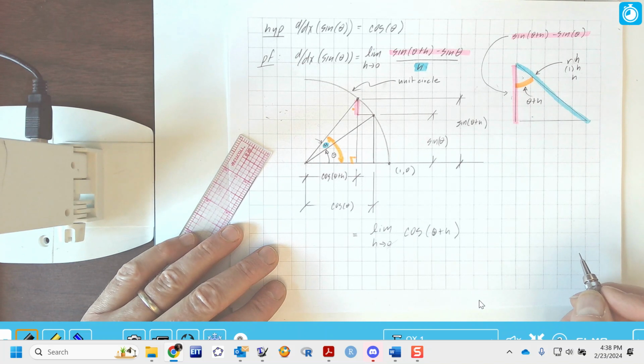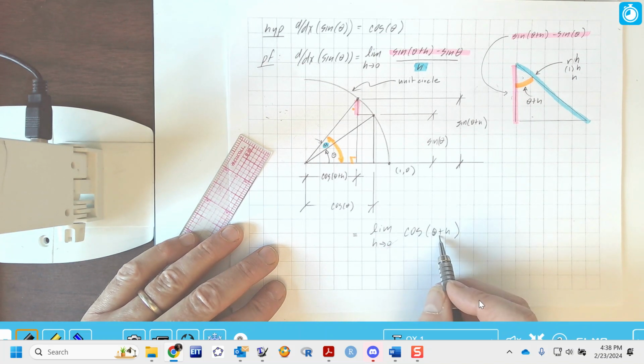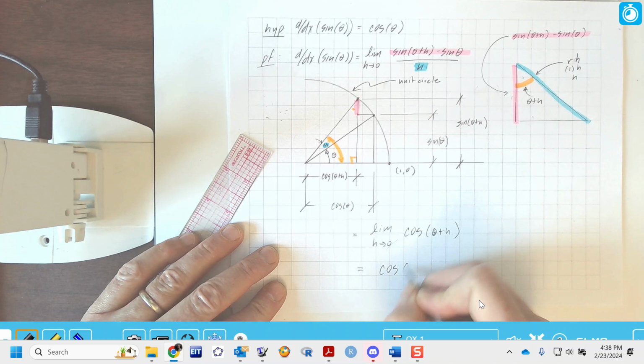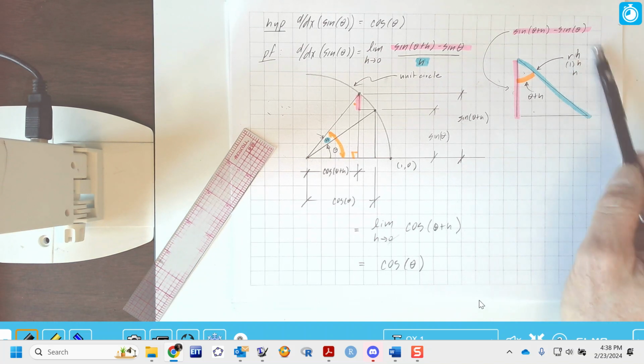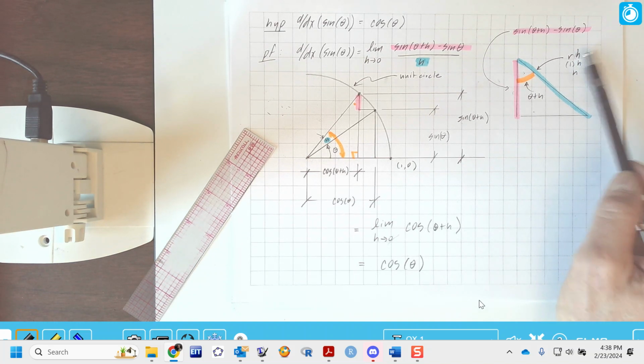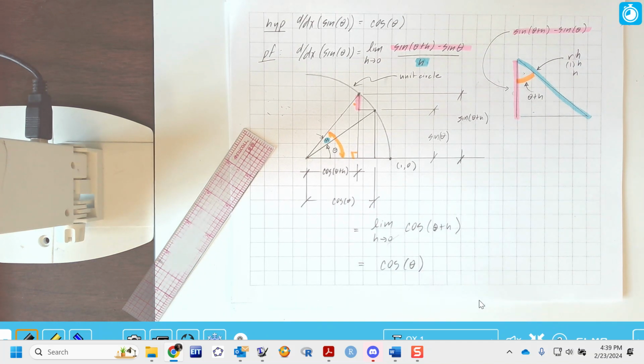And if we think about what the cosine is doing as h goes to 0, this is just going to be equal to the cosine of theta. And that's the argument. I think it's kind of a neat one because you have to do so much digging and fine-tuning inside of the unit circle to rigorously approach this. And of course, it really depends on one thing for sure, and that's that the angle measurement be in radians, because when the angle measure is in radians, then this arc length argument can be made.